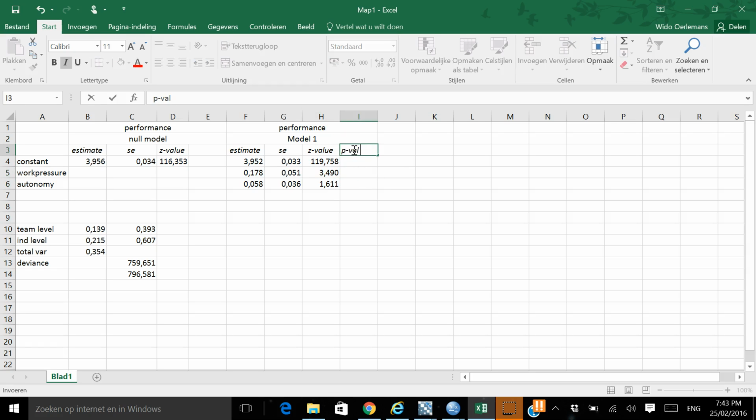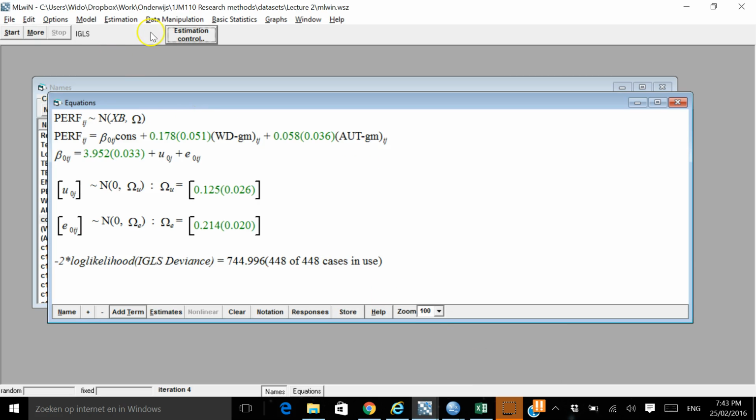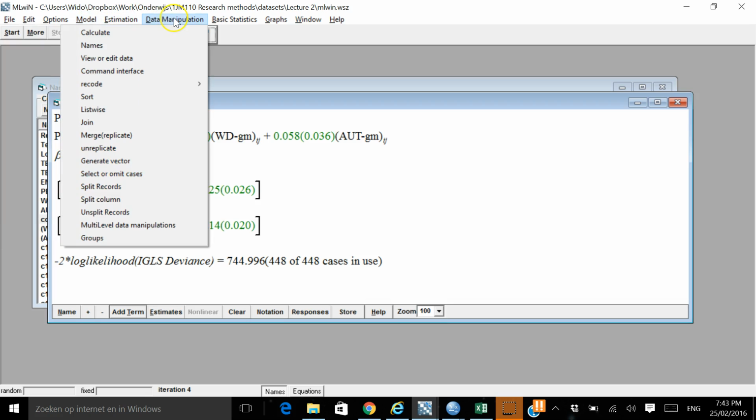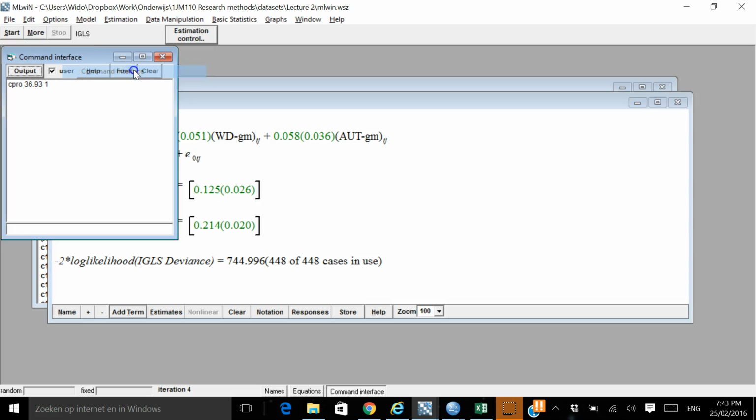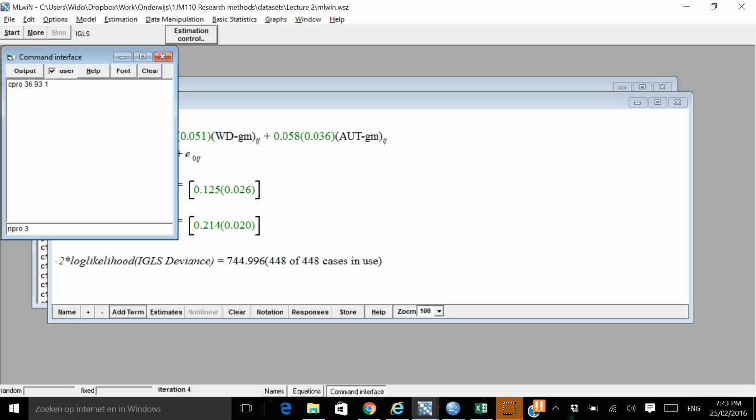Well, actually, you can also look at the p-value, or calculate the p-value. You can look at the table first, but you can also calculate the p-value using MLwiN. You can go to data manipulation, command interface, and you say normal probability. And then you enter the z-value, 3.490, right?